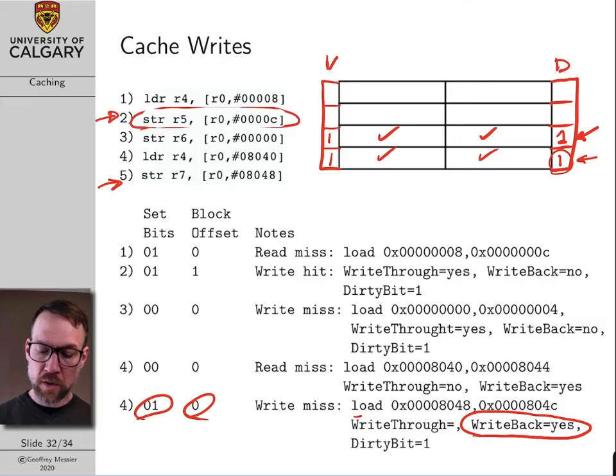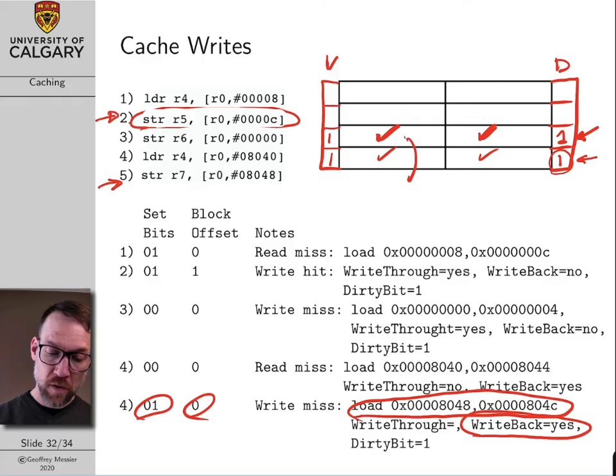We're then going to load in the memory values at 8048 and 84C, right? And so these two locations are going to be reloaded. We're then going to change this location, and we're going to set the dirty bit back to 1, because we now have an updated value thanks to the store word command on line 5.